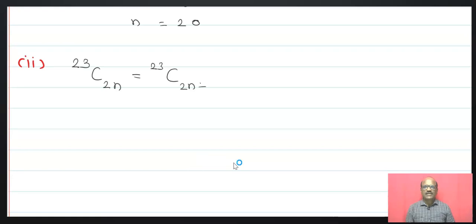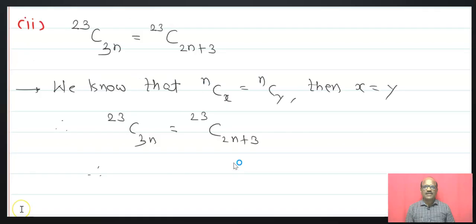Next, 23C3n is equals to 23C(2n plus 3). Now also here we know that if nCx is equals to nCy, then x is equals to y.